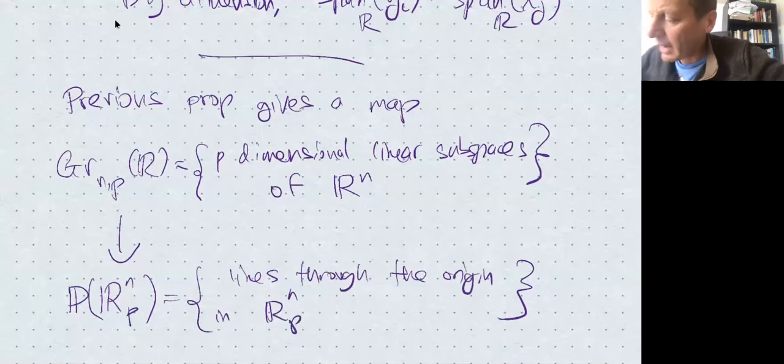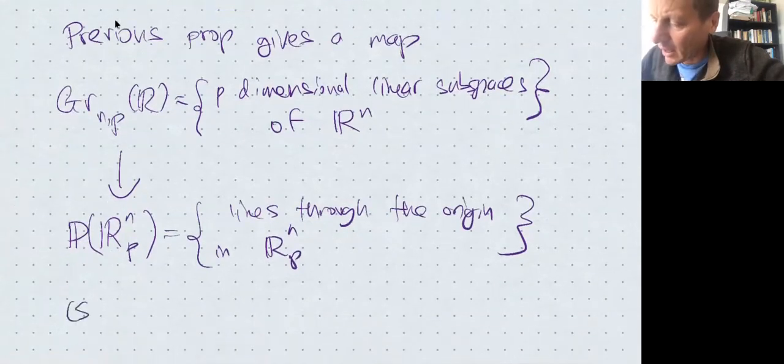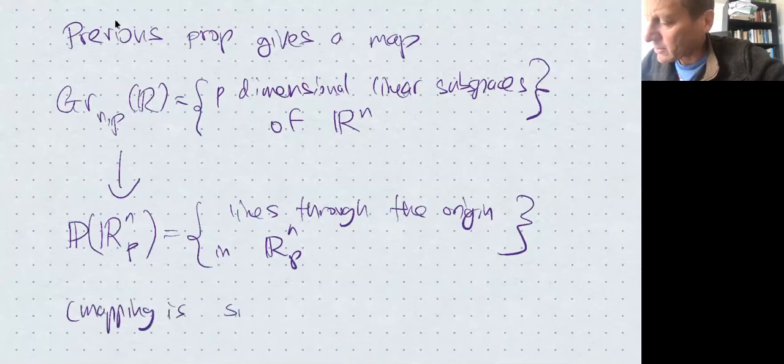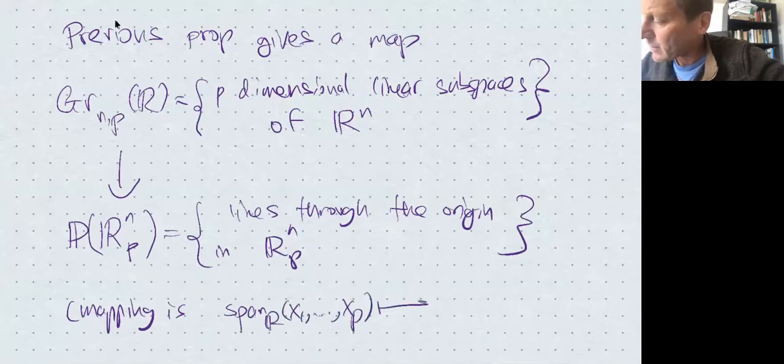And the mapping is that the span of x1 up to xp is mapped to the line running through the p-vector x1 wedge up to xp.